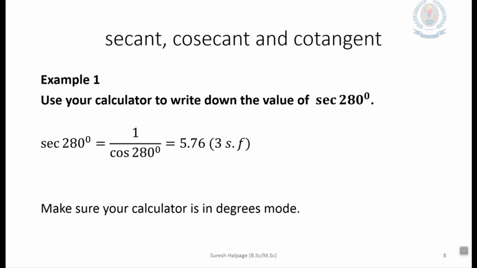Example number 1. Use your calculator to write down the value of sec 280. So we have to find the value of sec 280 on your calculator.